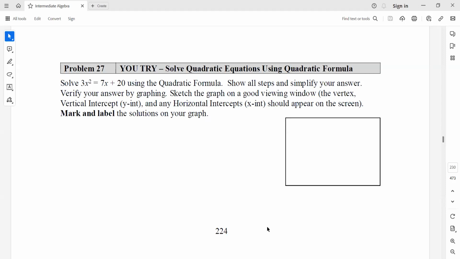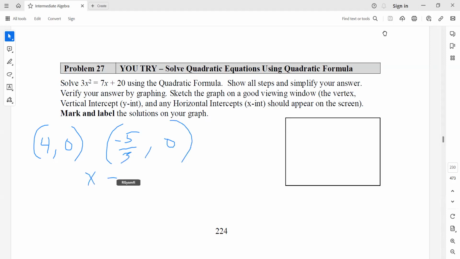And make sure that you show the x-intercepts, okay? Remember that our x-intercepts are, I think we had 4 and 0, and then negative 5 over 3 and 0. So you label that on the graph. And then you show your window, label your window.